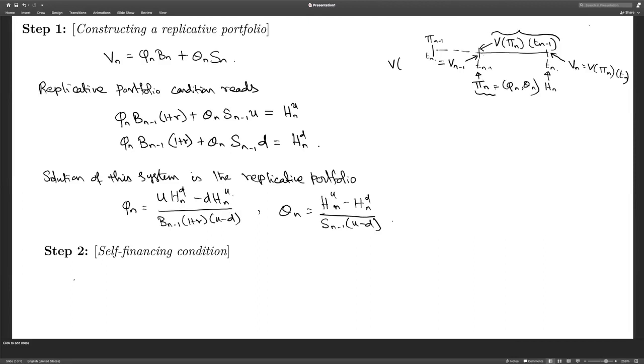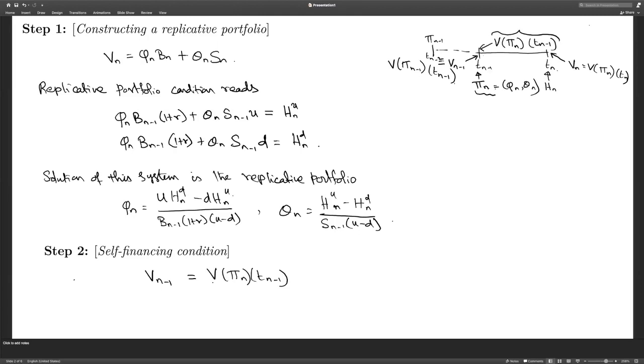At Tn minus 2, you would have set up that portfolio's value at Tn minus 1, right? That is Vn minus 1. So the self-finance condition says that Vn minus 1 should be equal to V pi n at Tn minus 1, okay?